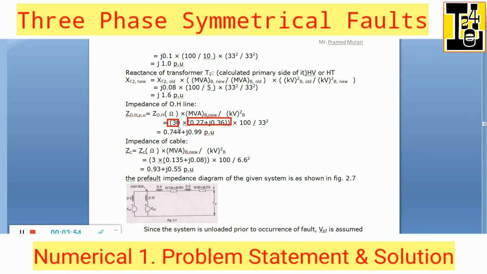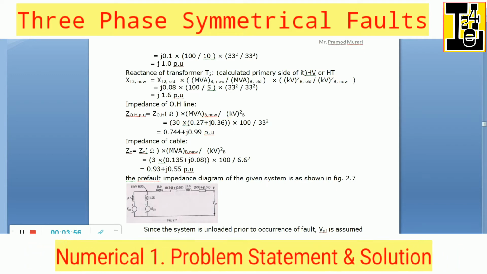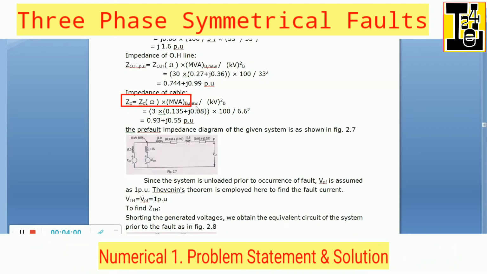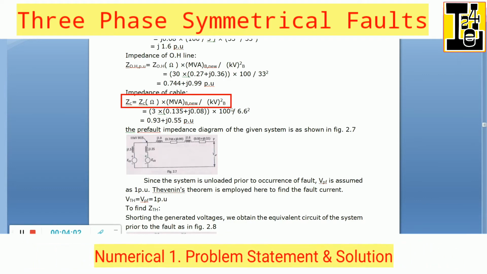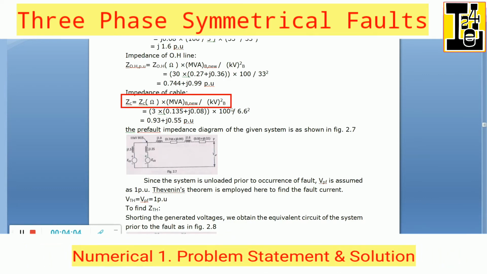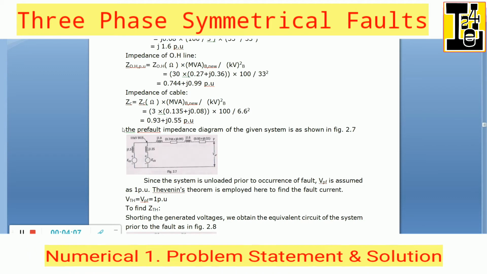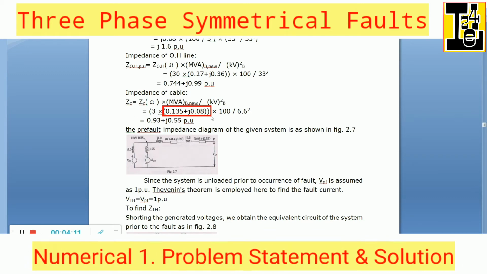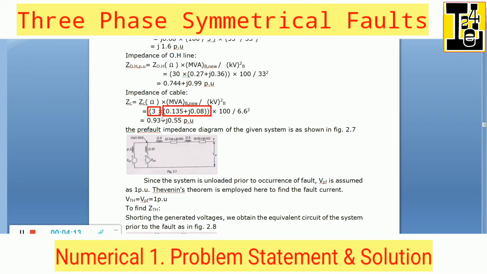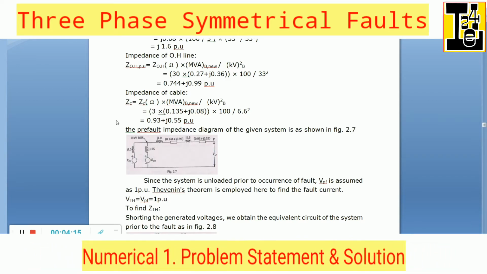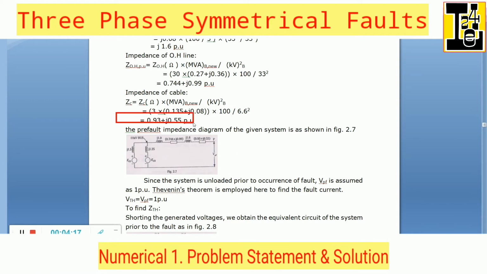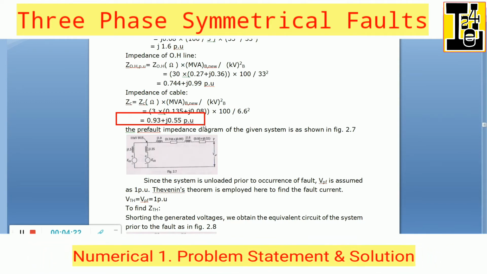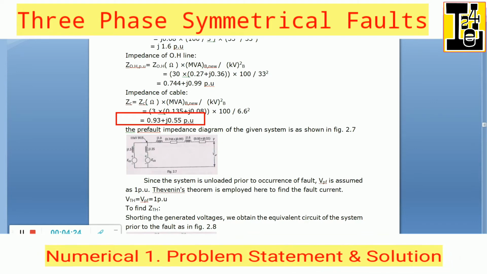I need to calculate for 30 kilometers, that's why 30 is multiplied there. Impedance of the cable Zc is equal to Zc in ohm into MVA base new divided by kV base new squared at the cable side. As the 1 kilometer cable impedance is given, I need to calculate for 3 kilometers, so multiply by 3. Hence finally the cable per unit impedance will be 0.93 plus j0.55 per unit.